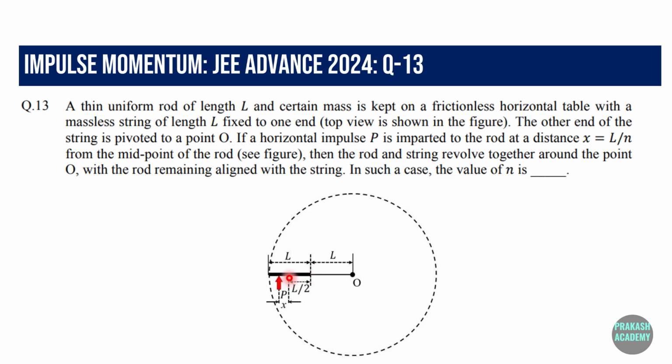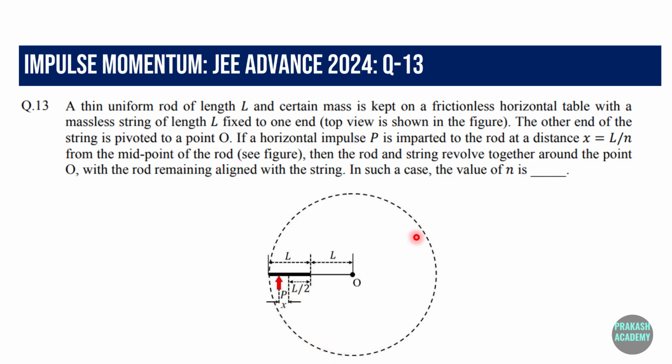Not only that, about this center of mass there is an angular impulse also, so this will create angular momentum, so this will start rotating. So this will move as well as rotate. But in this case this is fixed to a string, and that's the reason this whole thing is moving like a circle. It's like a circular motion.